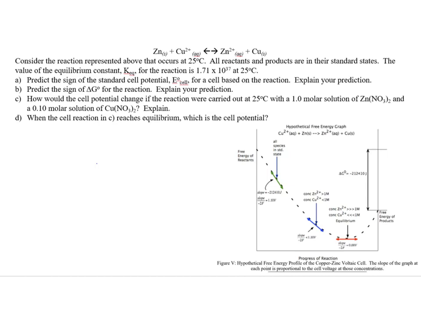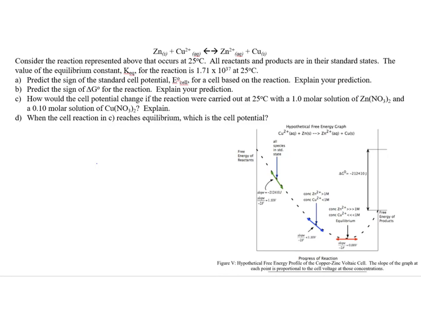And this would produce zinc in solution, so like zinc nitrate, suppose, and copper would become solid and collect. It says all reactants and products are in their standard states. So standard states, that means that the solutions, the zinc and the copper, are 1 molar, and it means that it's at 25 degrees Celsius.